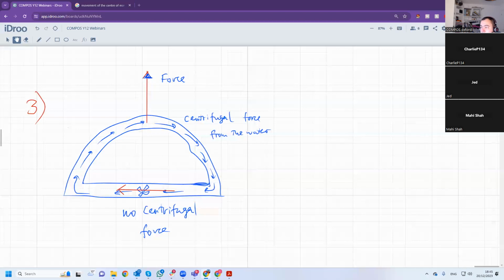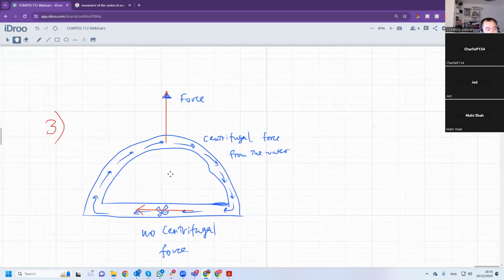Using the ideas of center of mass. Well, no, I mean, look, there is a force, and this force should push the rocket and the water up.